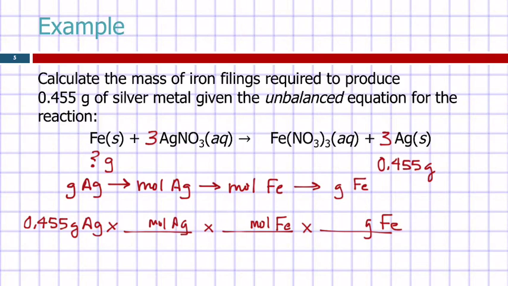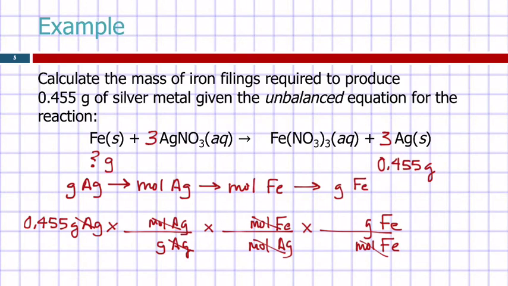And then I put the unit from the previous term in the denominator because I want those to cancel out. I don't want to end up with grams of silver in my final answer. Grams of silver will cancel. And then I'm going to put moles of silver down here. And moles of iron down here. So the units cancel out.